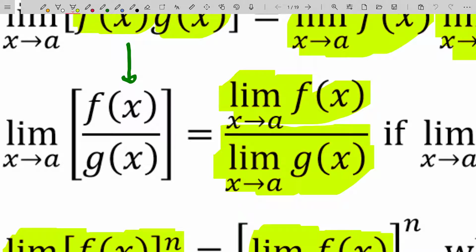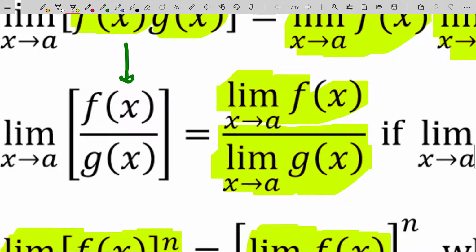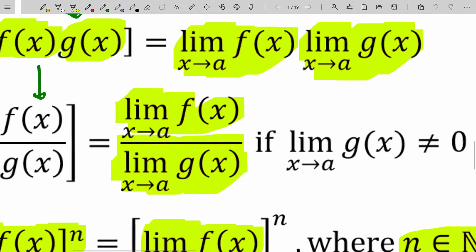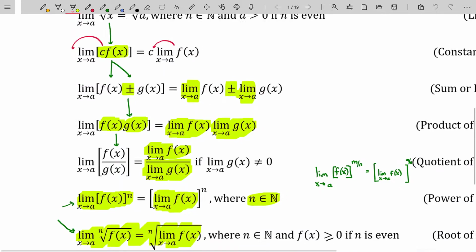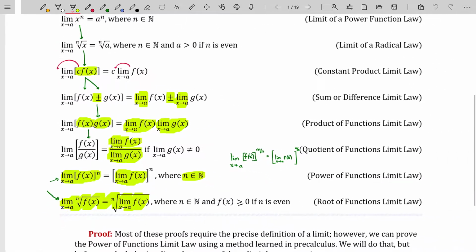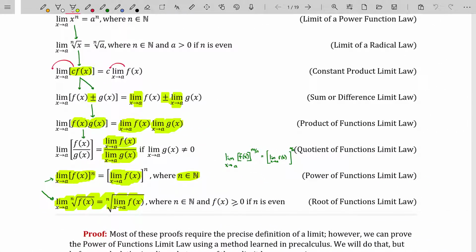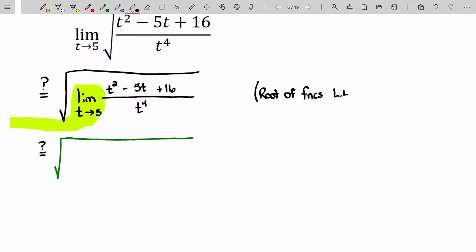I'm allowed to split the limit of a quotient into the quotient of limits as long as the denominator does not tend to 0. And by the way, I should probably have written out the justification earlier. The first one we used was the root of functions limit law, and this is the quotient of functions limit law.